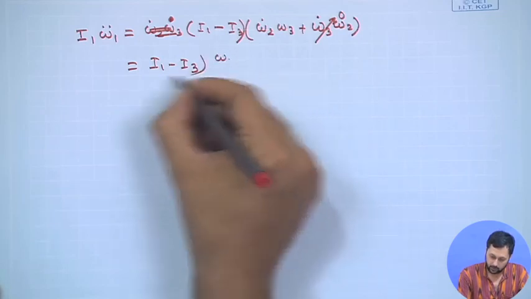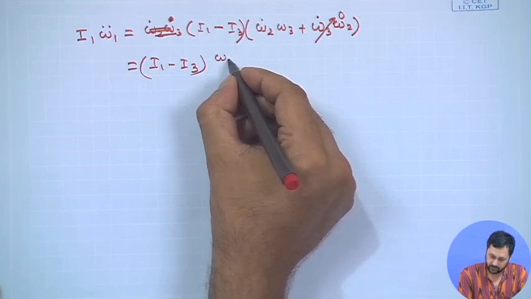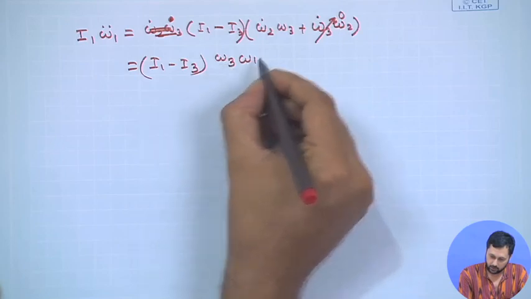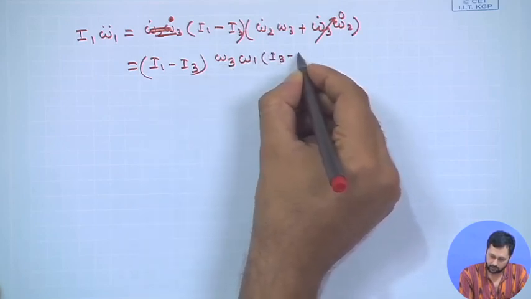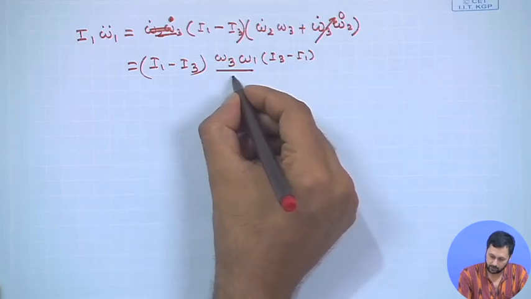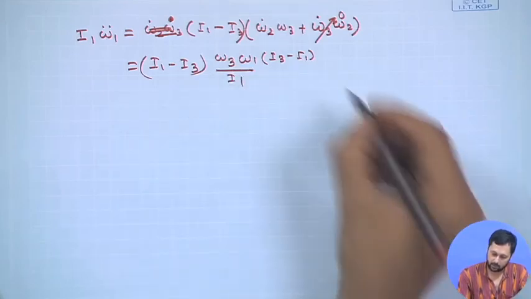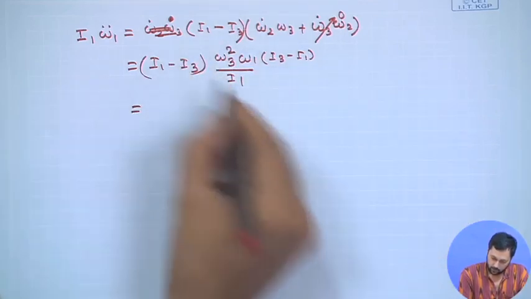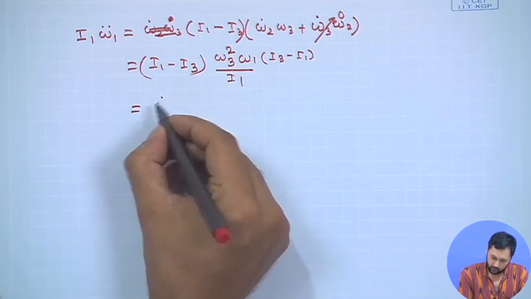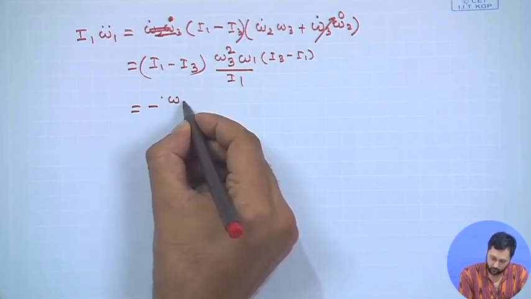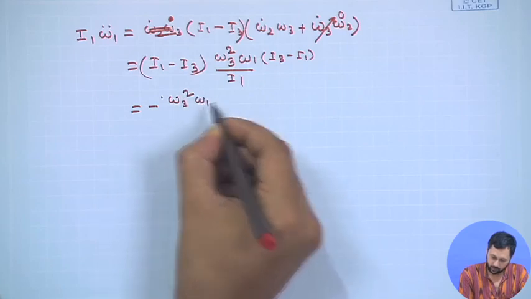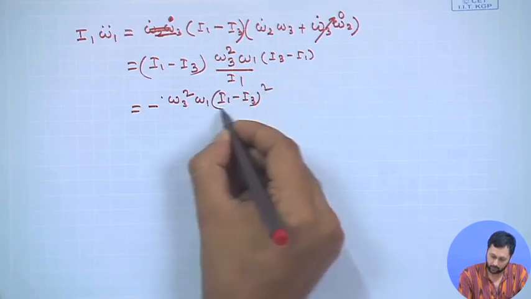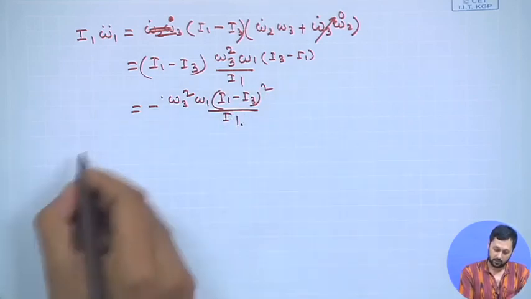omega 3 omega 1 (I3 minus I1) divided by I1. Now, this can be written as minus omega 3 square omega 1 (I1 minus I3) whole square by I1, right.